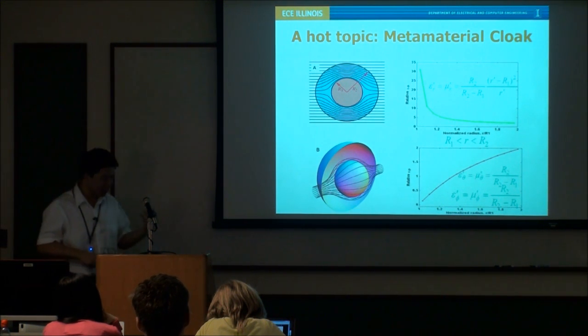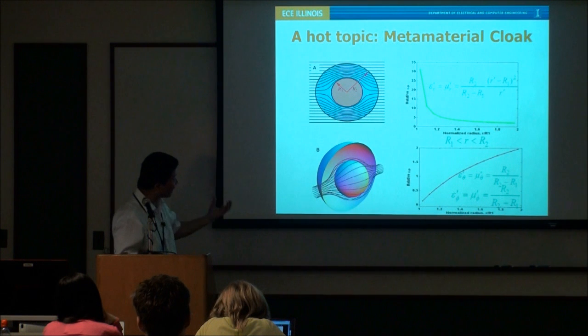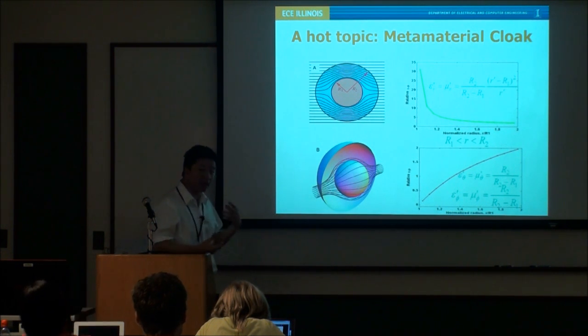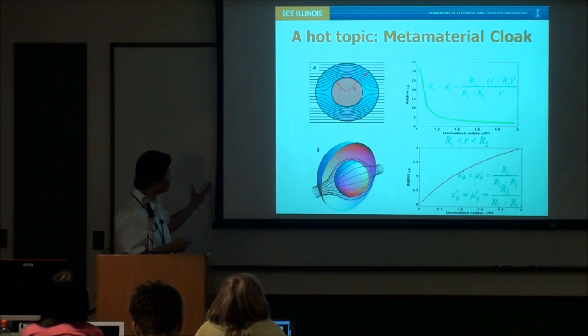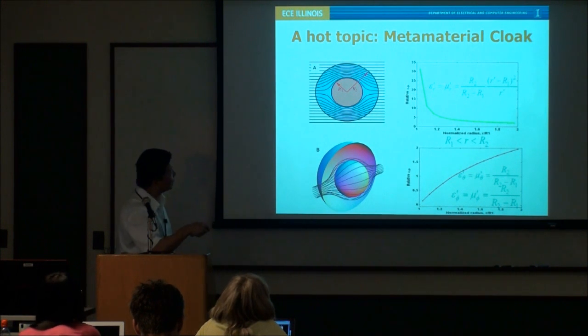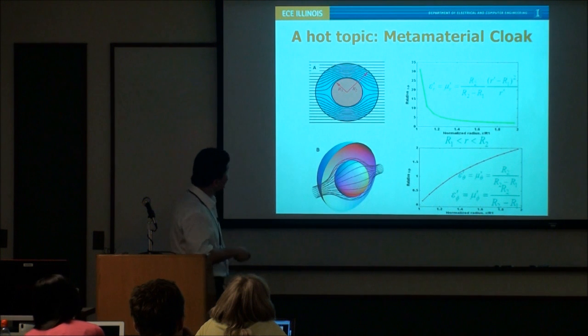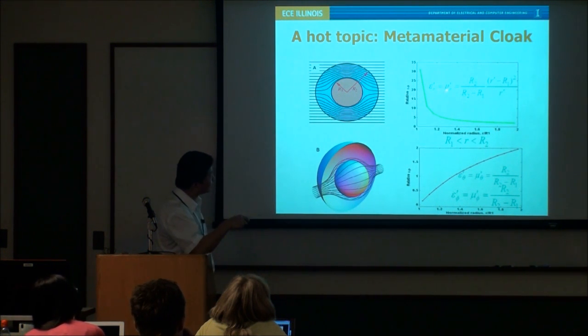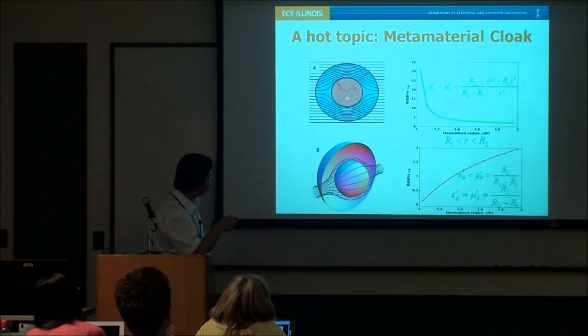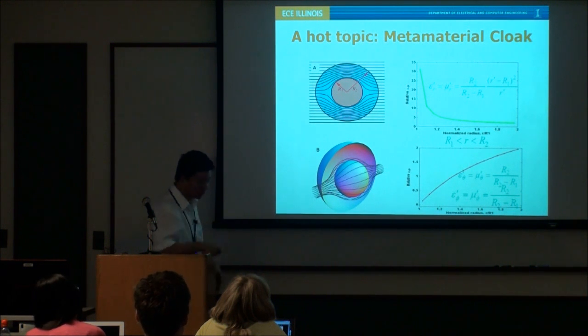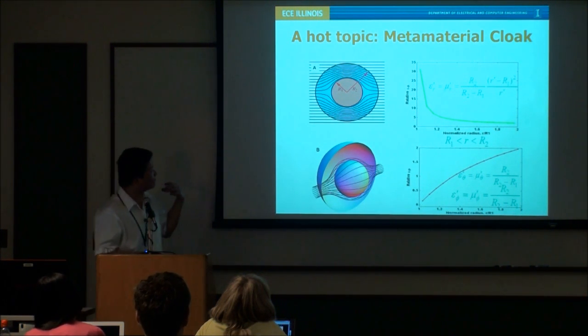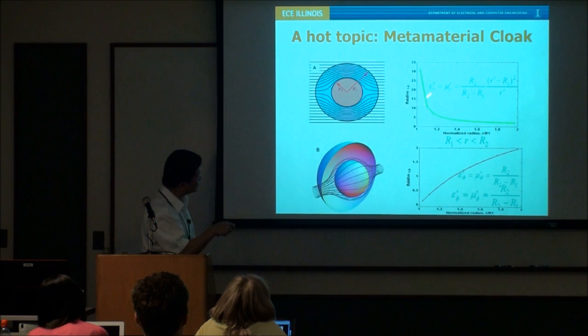In actual simulation, people already predict that this can happen. If you find a way to engineer a material or device with this kind of permittivity and permeability relationship, where epsilon and mu are functions of the radius, so this is not a homogeneous material. It will be a very inhomogeneous material, and this relationship you have to satisfy.